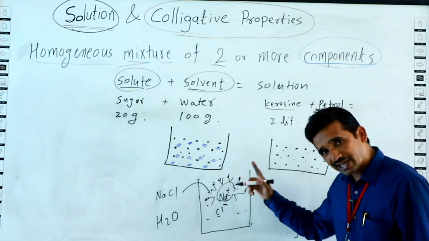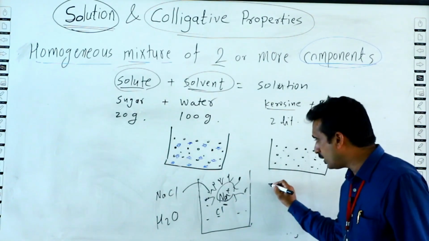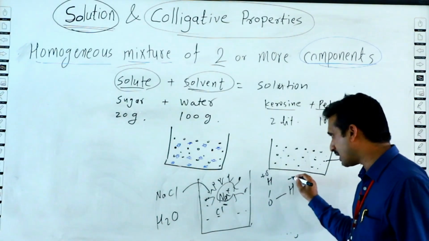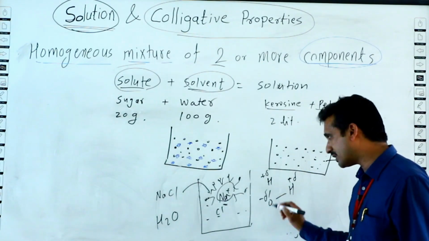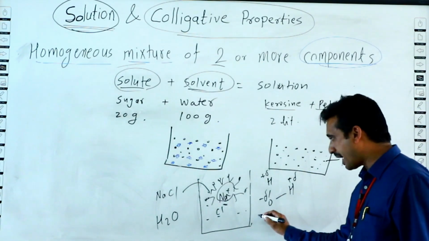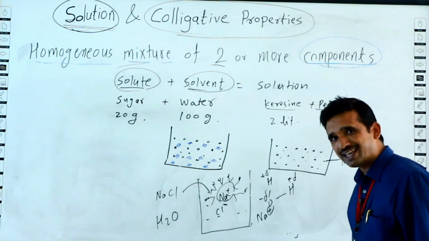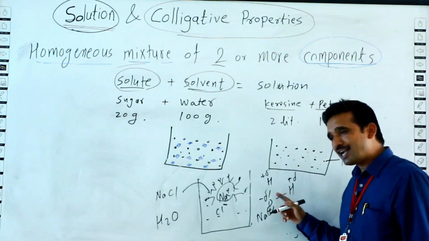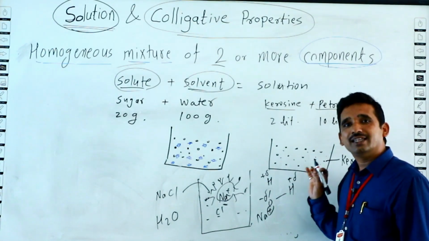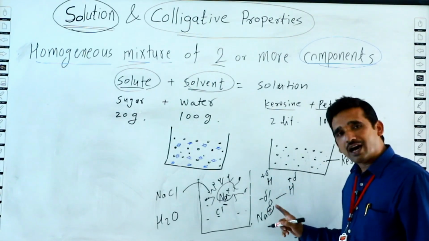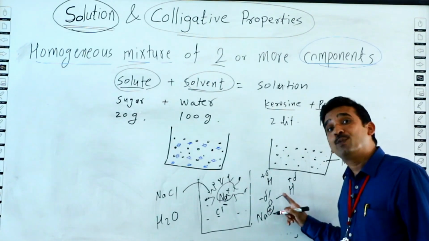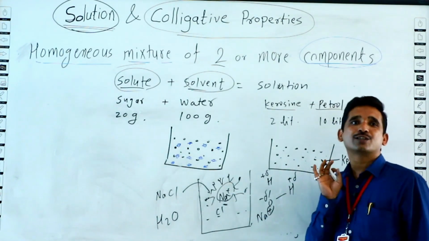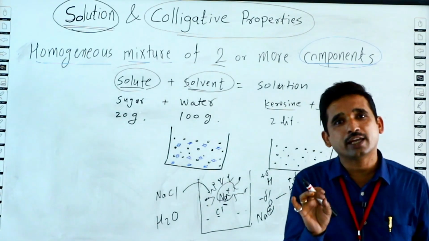Na plus cation, and in water H and O. This H is plus delta and this O is minus delta, which will be attracted with Na plus, and there is an interaction between Na plus and the oxygen's minus delta. This is called ion-dipole interaction. Such interaction is also important for making of solution.